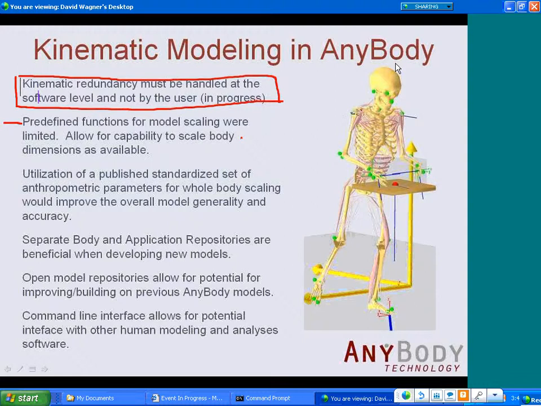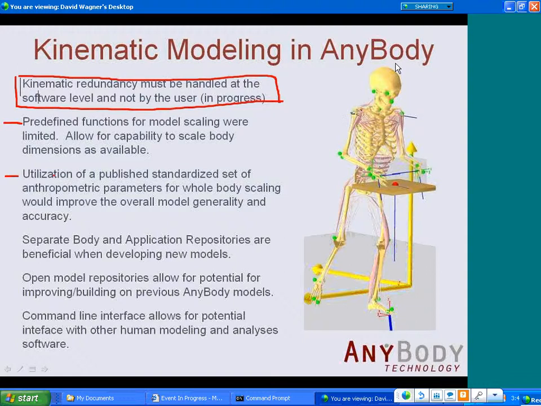Addressing that point again, it would be nice to have a publicized standard set of anthropometric parameters for whole body scaling, so it would definitely improve the overall model generality, as I think it would be more useful to some people that are possibly set in their ways with a particular anthropometric database, but it may be more appropriate in terms of expansion into other realms also.